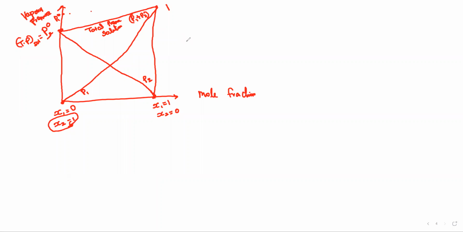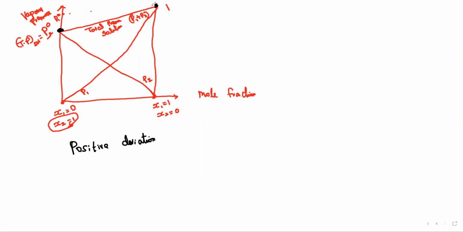Now the deviation. If we have positive deviation, the original pressure of the solution at this point and this point is not a problem.